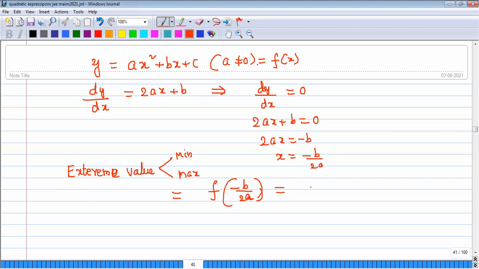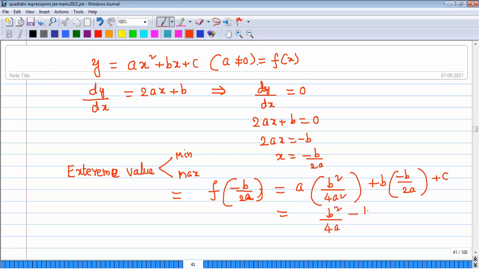You see, a into minus b by 2a whole square, b square by 4a square, plus b times minus b upon 2a plus c. See, now this can be written as b square upon 4a minus b square upon 2a plus c. Now here LCM is 4a.